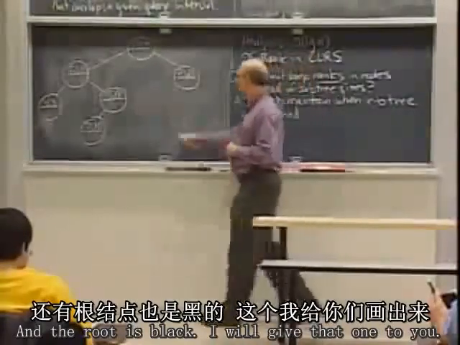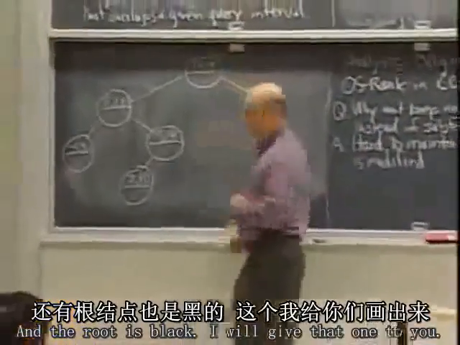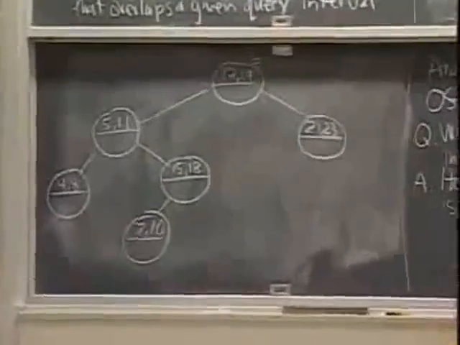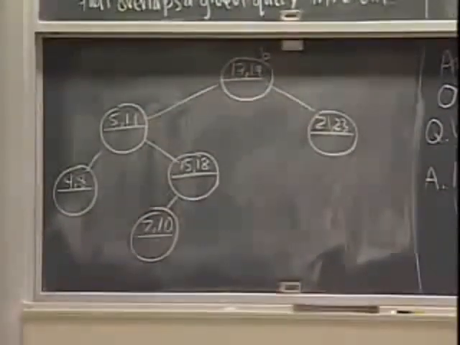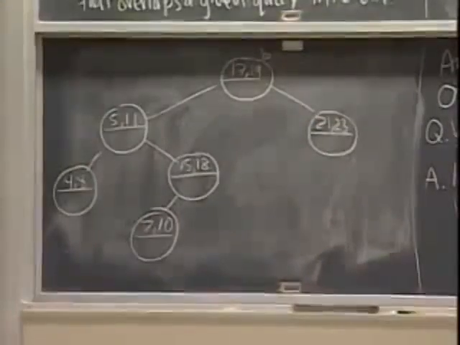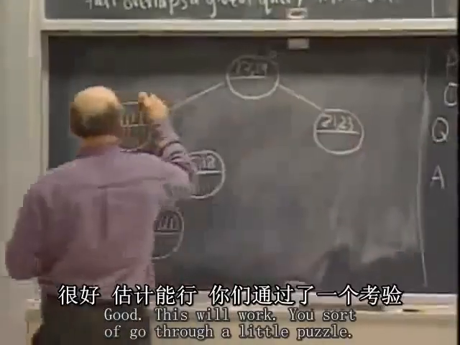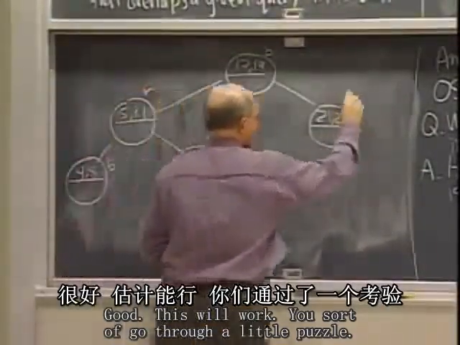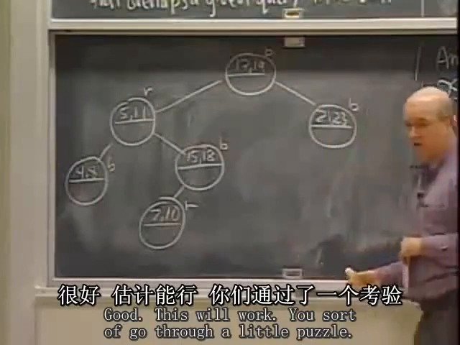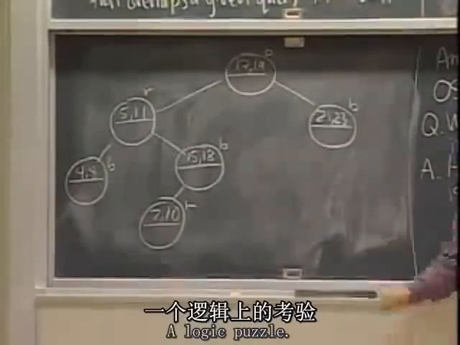And the root is black. I'll give that one to you. The node at 5 and 11 should be red, and at 7. Good. So this will work. It's sort of a little logic puzzle.